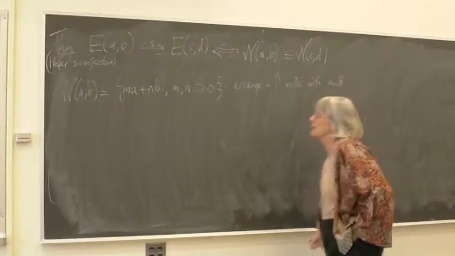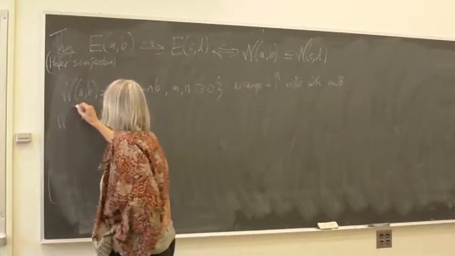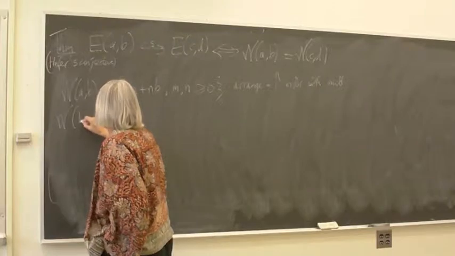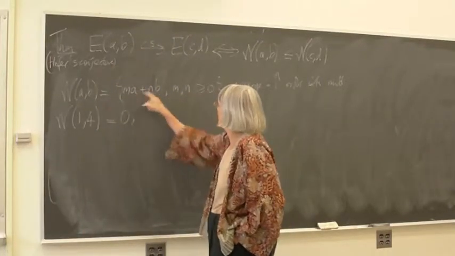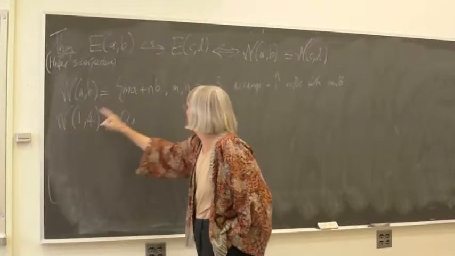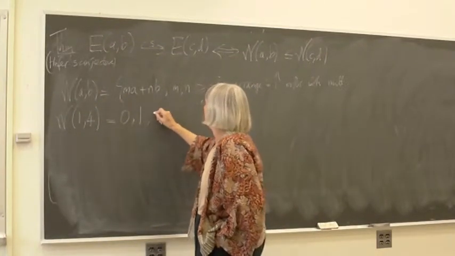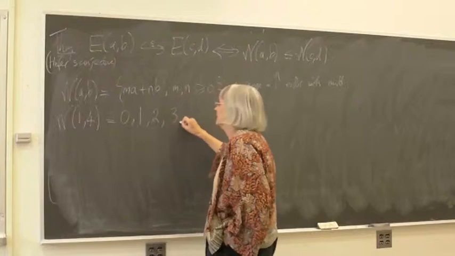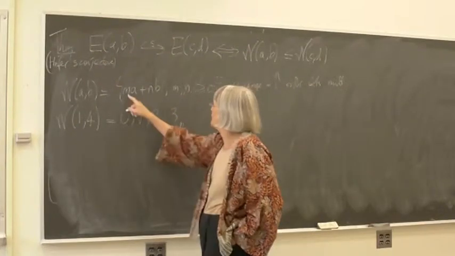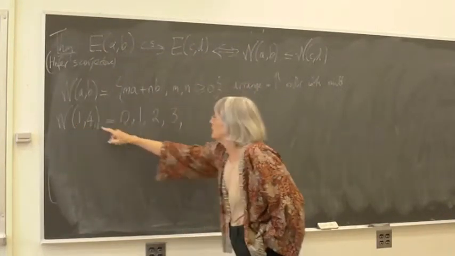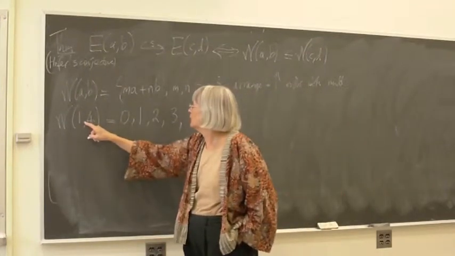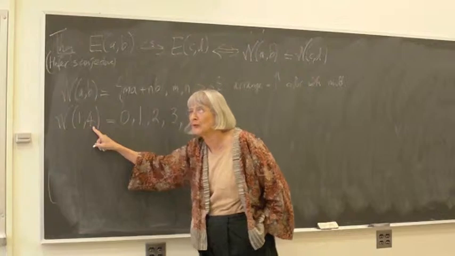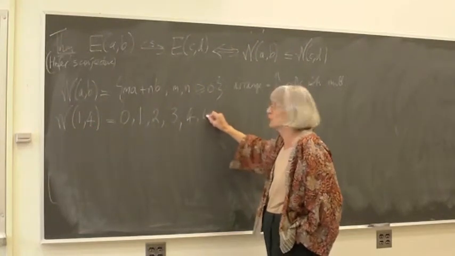So, for example, N(1,4) starts with 0, because you're allowed zeros here. And then there's only one way of making 1 and 2 and 3, because you just have to take multiples of 1. But when you get up to 4, there are two ways of making it, because you can take 4 times 1, or you can take 1 times 4. So you get 2 lots of 4.